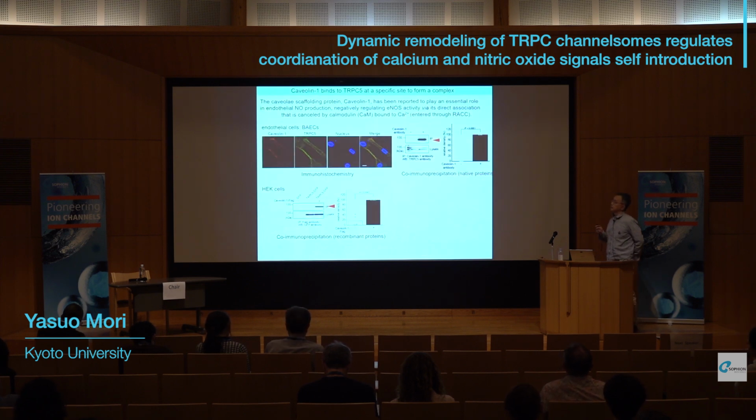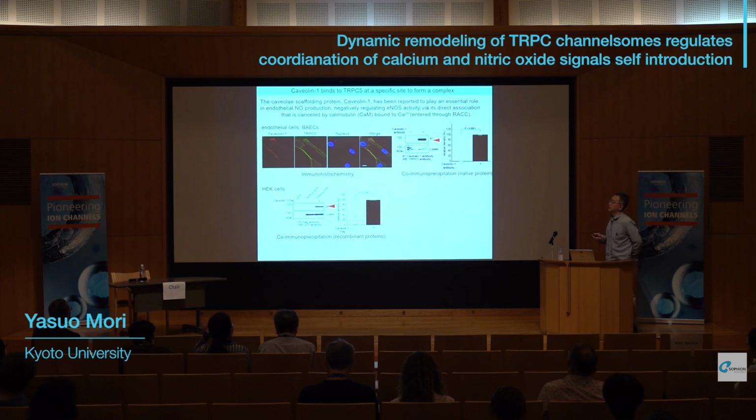And what would be the detailed mechanism of our observation? We were interested in caveolin-1, which, as you know, is a very important regulator of eNOS activation. It has been reported that caveolin-1 negatively regulates eNOS activity through direct association.